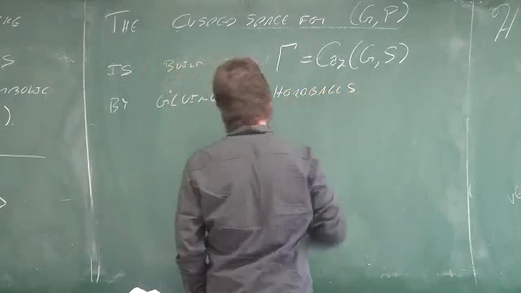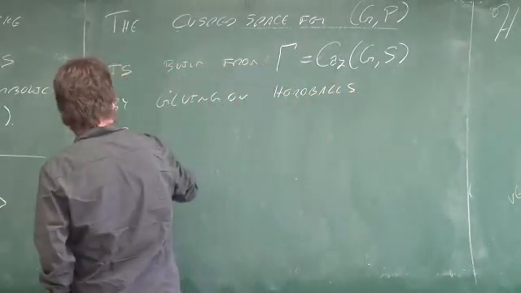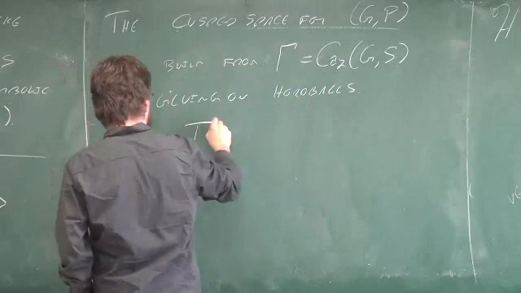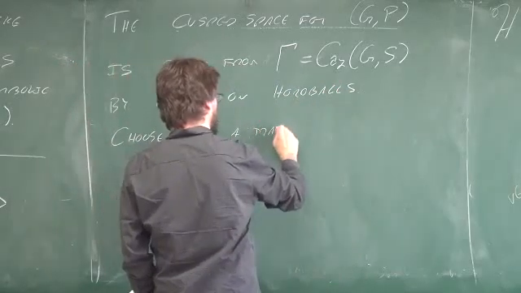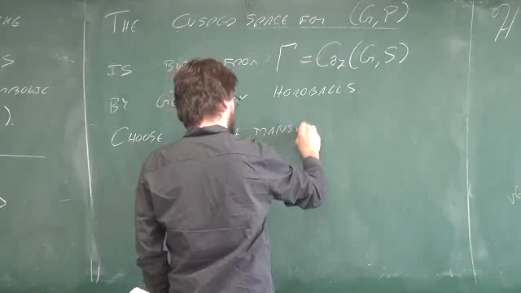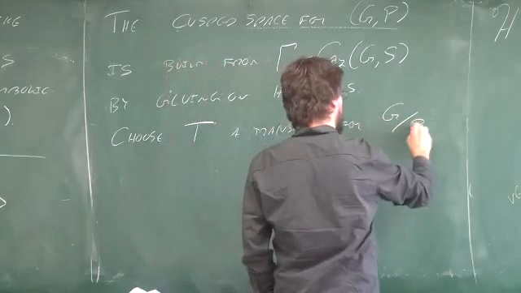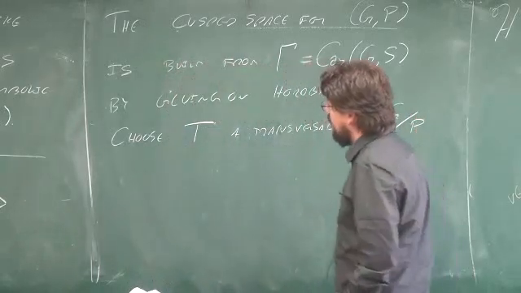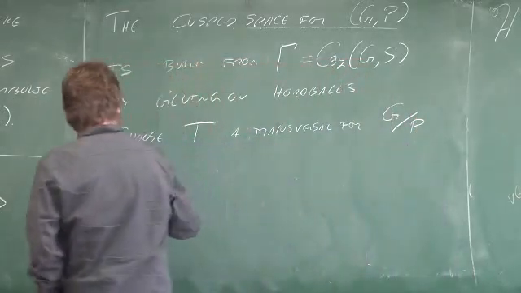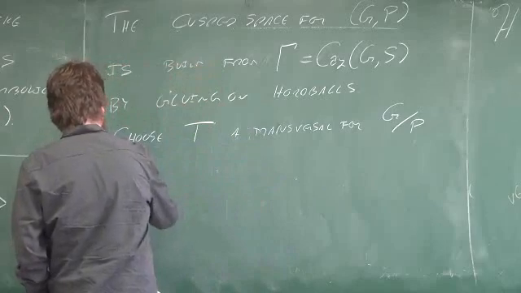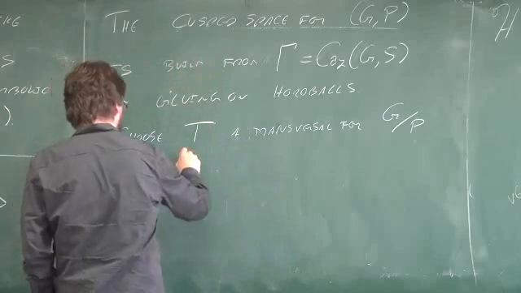Okay. How many horoballs? So choose T, a transversal for G mod P, the left cosets of P.